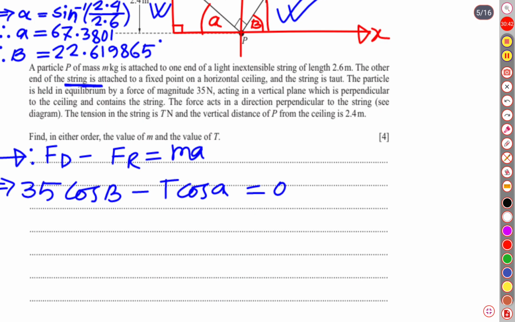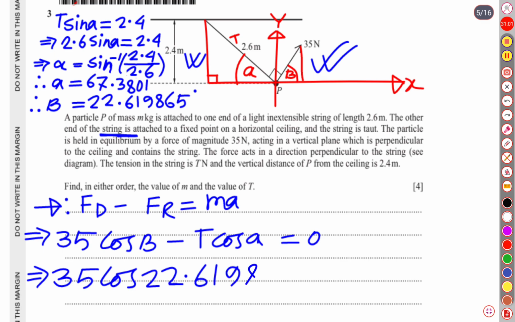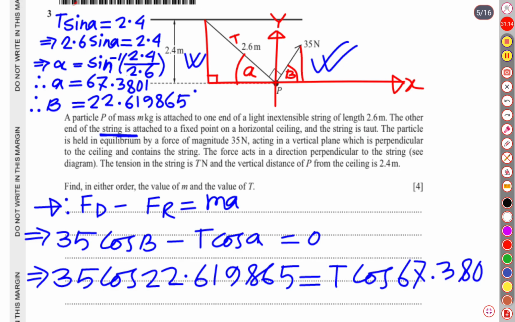Now we are going to substitute the values. 35 cos beta, we have already obtained beta as 22.619865, equal to tension into cos alpha, where the measure of alpha is 67.3801.